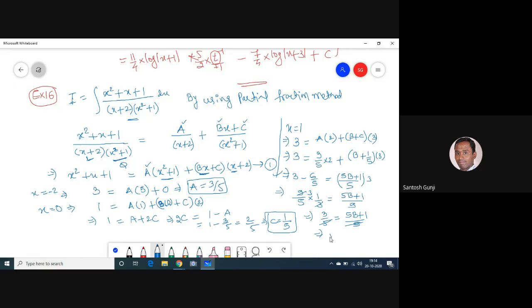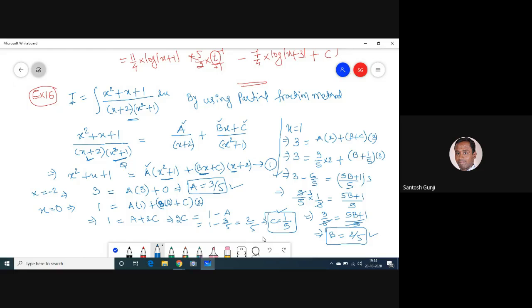The 5 gets cancelled. So b would be 2 by 5. So now I can read: a is 3 by 5, b is 2 by 5, c is 1 by 5.